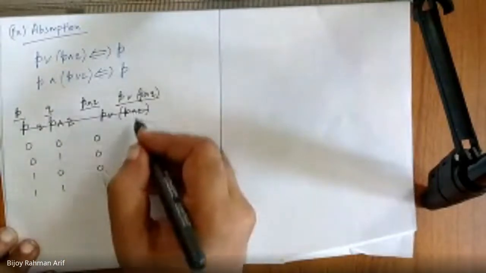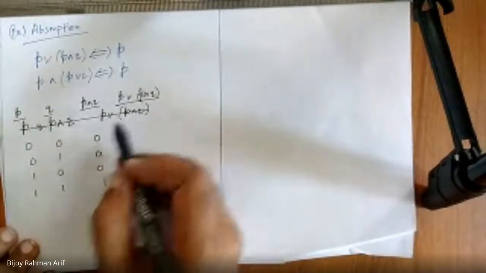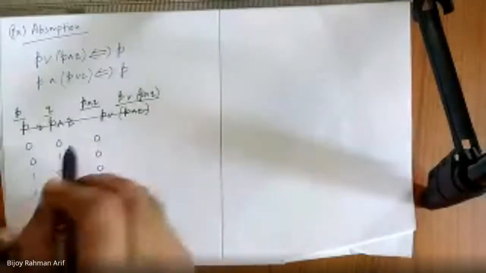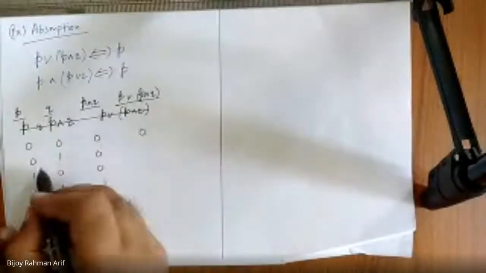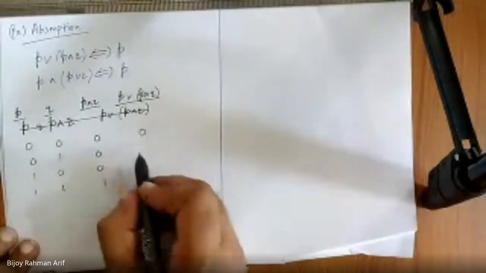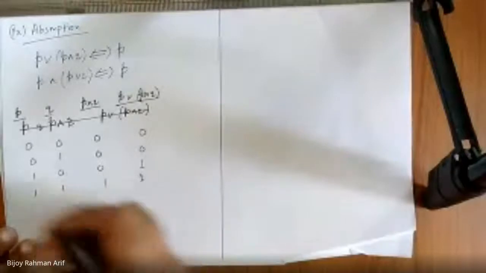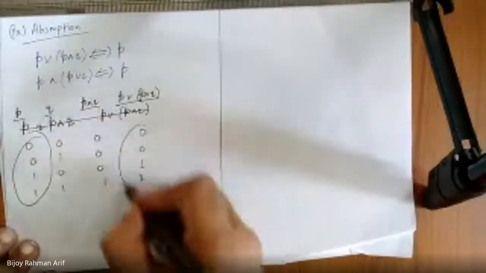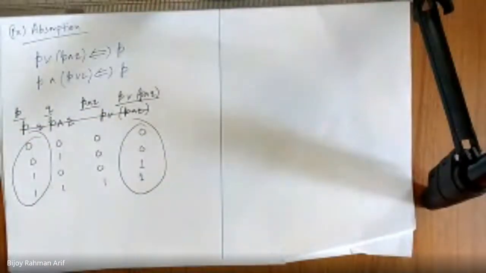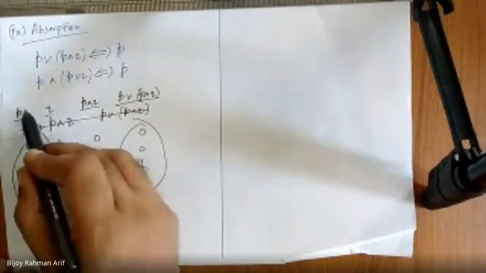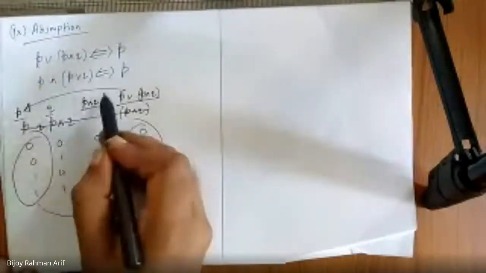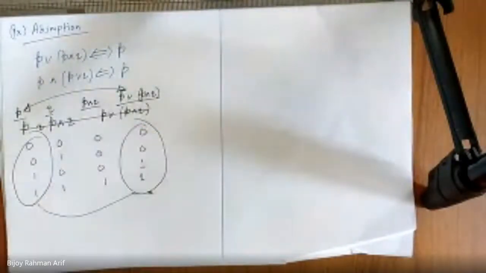And what is the answer of this? 0, 0, 1, 1. Second one is 0, 0. Third one is 1. Fourth one is 1. Now see, this one and this one are the same. So these two are equivalent. We are done.